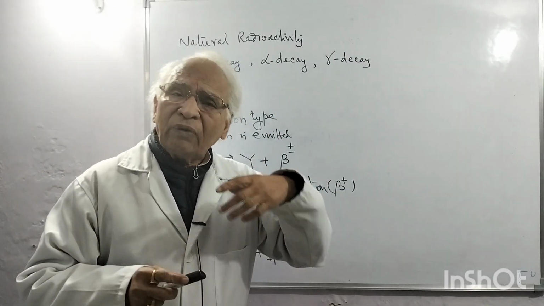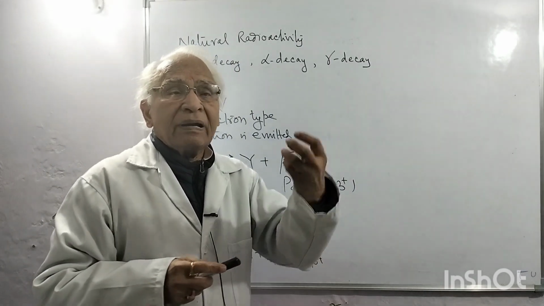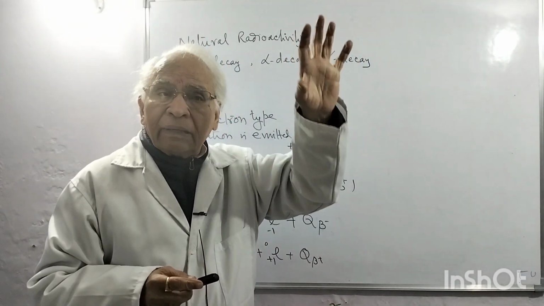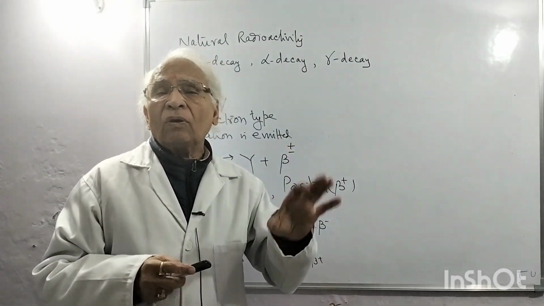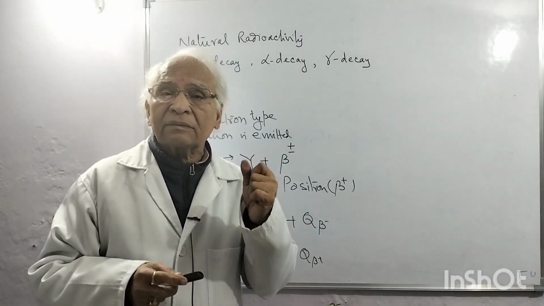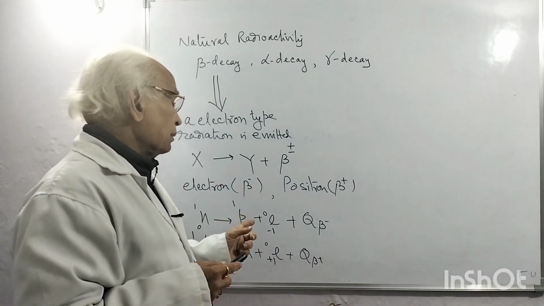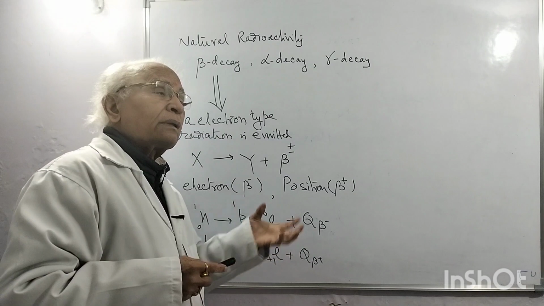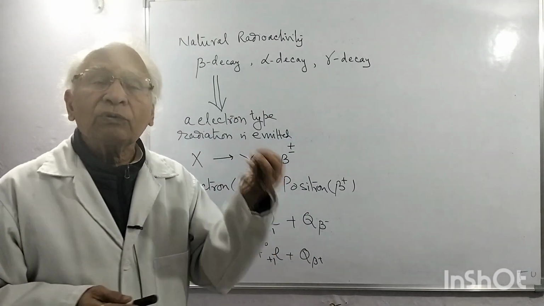Some vacancy is created. So the vacancy is filled by a higher orbit electron, and then there is always some emission of radiation, meaning X-rays. So the atomic de-excitation gives you X-ray photons.